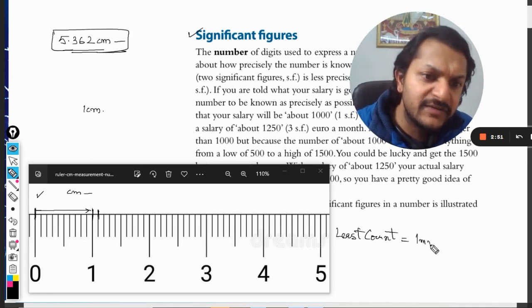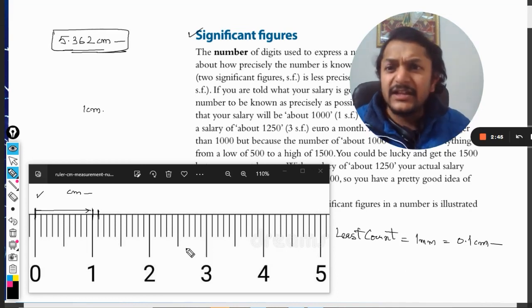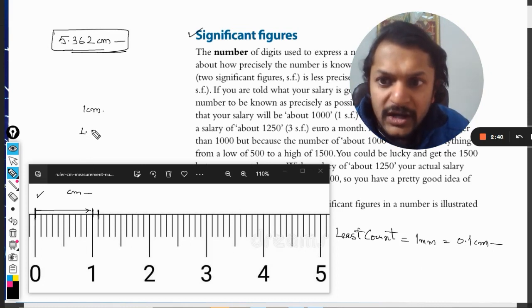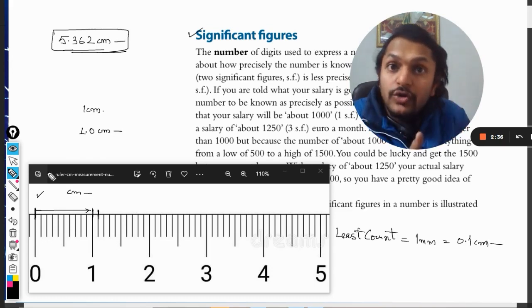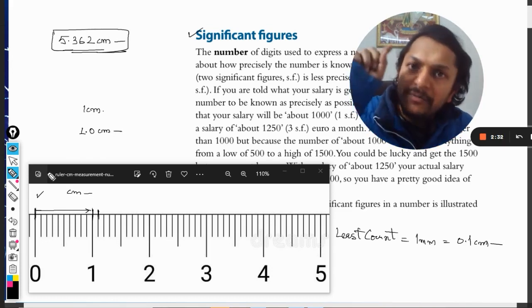In our case, it is 1 millimeter or 0.1 centimeter. So I can very well say I am sure about it. It's not 1 centimeter, it is 1.0 centimeter, because I'm sure that after the decimal it comes out to be 0. That is why it will be 1.0.